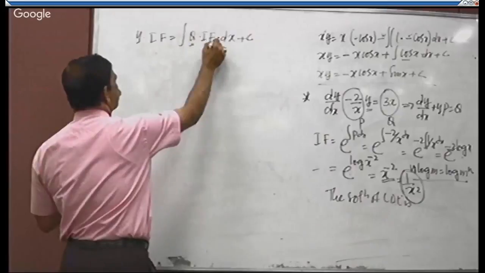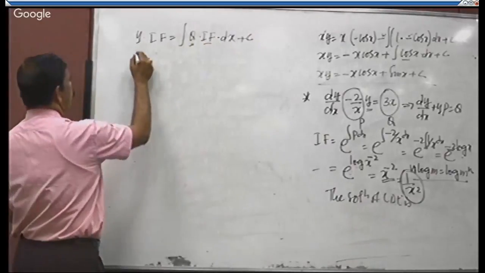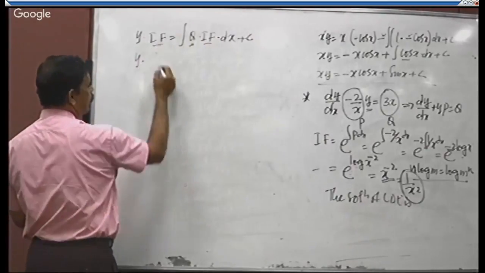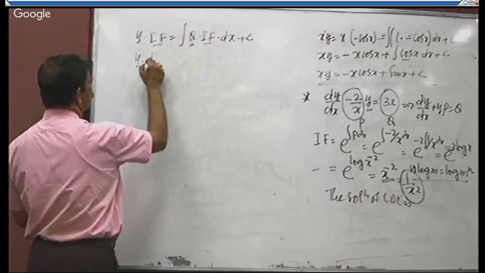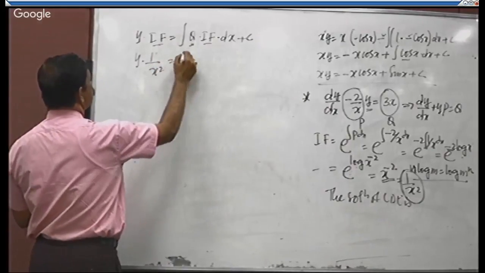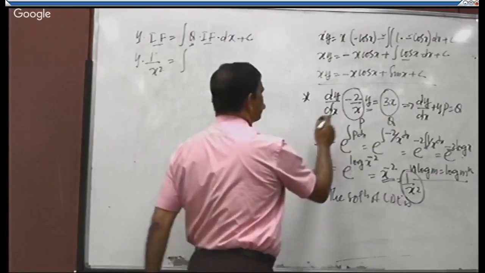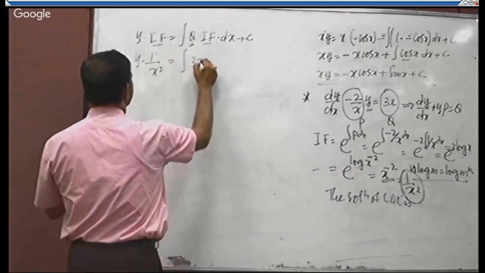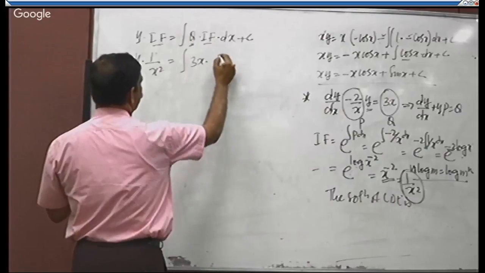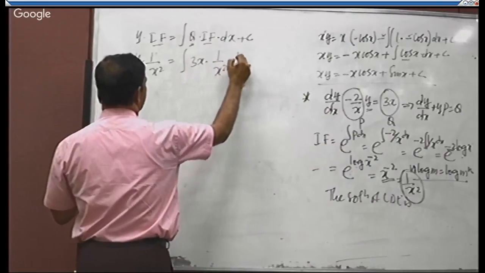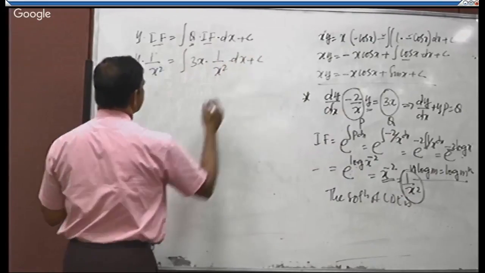Replace the values of q and IF. So y into IF is equal to what? It is y into 1 by x square, is equal to, what is q? q is 3x, into IF which is 1 by x square, into dx plus c.